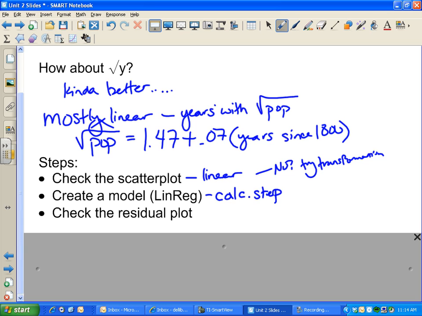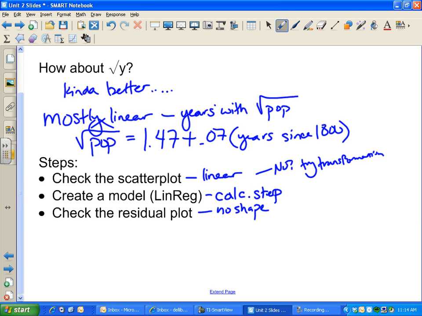And then we check the residual plot. We're looking for no shape. That's what we're hoping to see. If there's no shape, then we're living in chapter 8, right? We're happy little campers. We can write down our equation. We can make predictions. We can interpret the slope and the y-intercept.